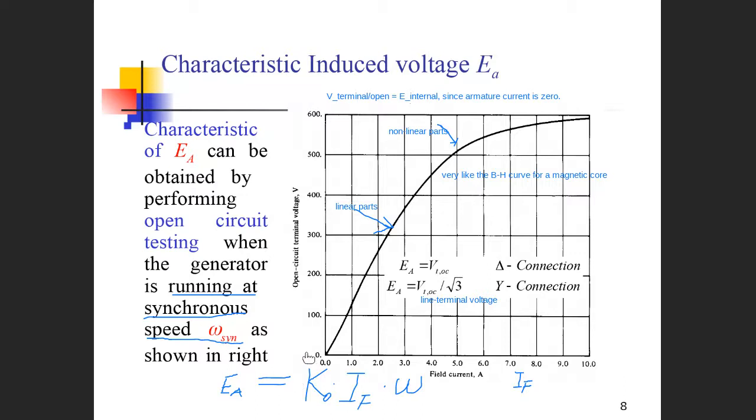and when the current gets bigger, it is a nonlinear path. So that means the chi here for small IA is a constant. For big IA, it becomes smaller.